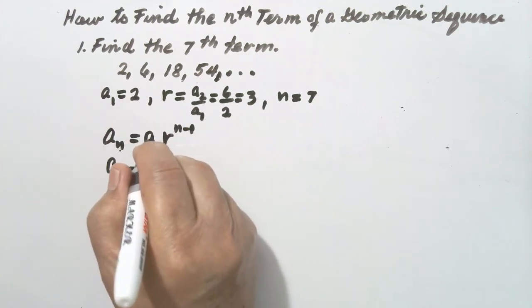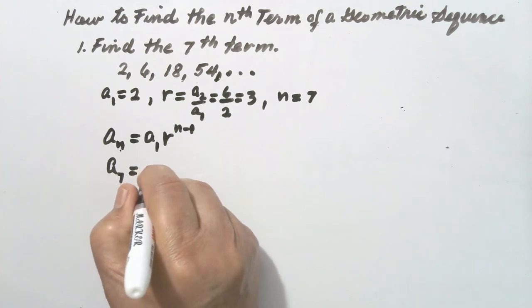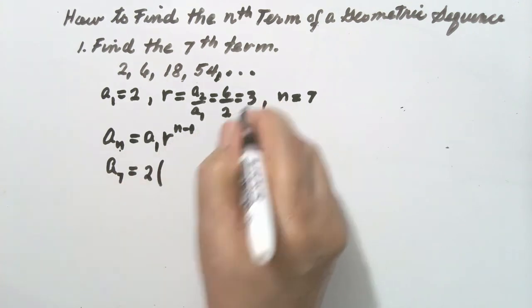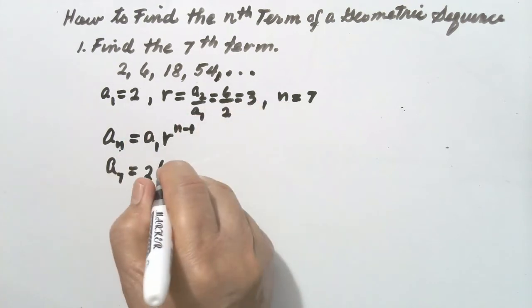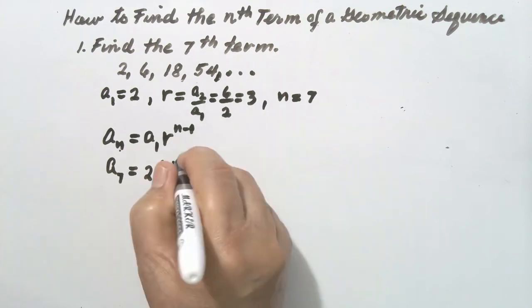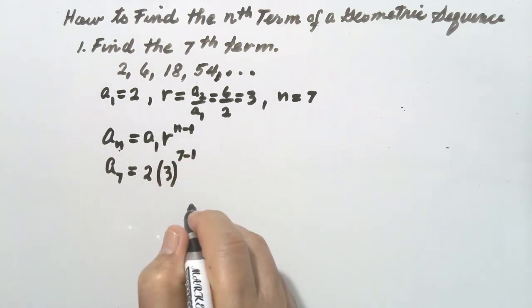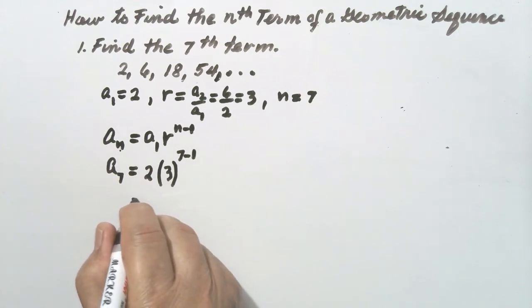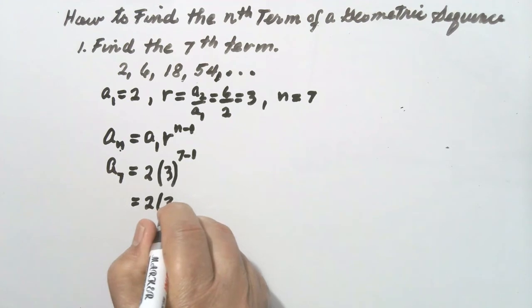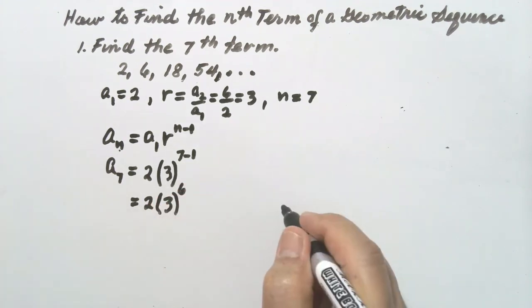So replace a sub 1 by 2, and then replace r by 3 because r is 3, and n by 7 minus 1. So this is now equal to 2 times 3 raised to 6.